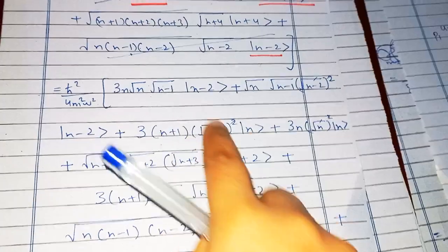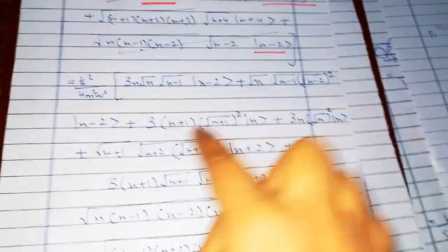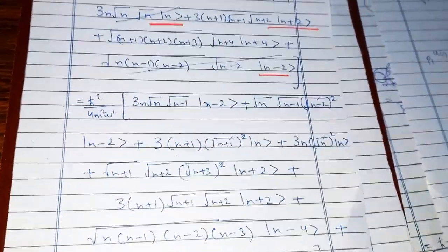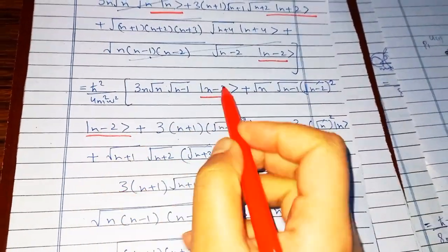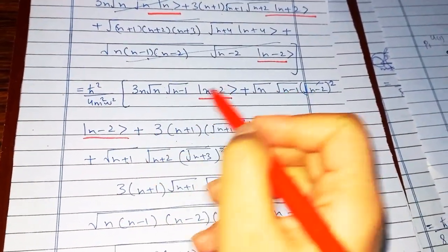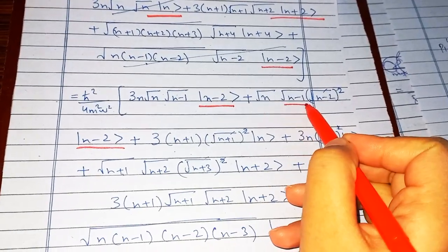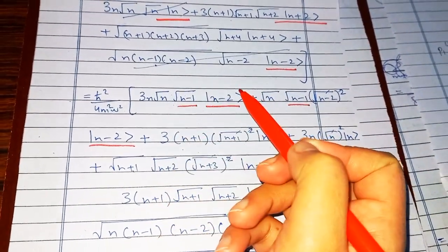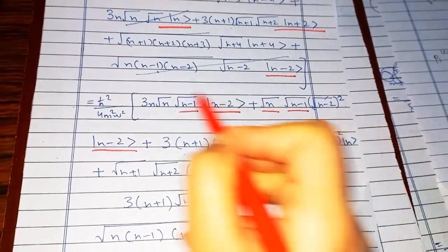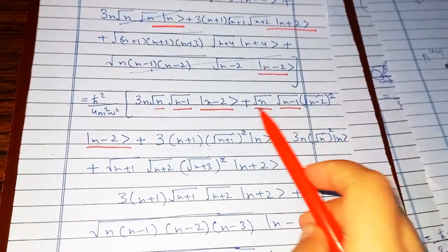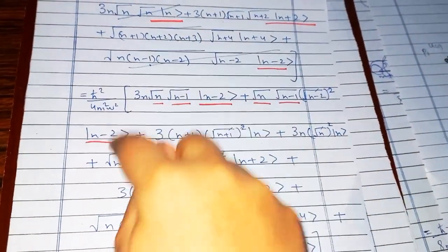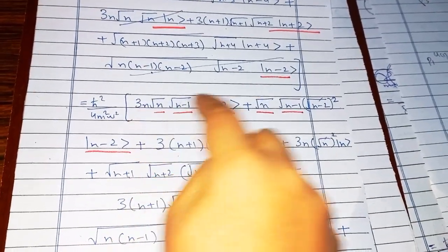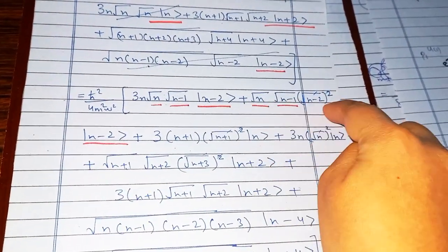you can see here we'll take something common, and since both of them have similar kets, I'll take the ket common because we have the same ket in both these quantities. Other than that, we have under root n minus 1 here, under root n minus 1 here as well, under root n and under root n here as well. So we'll take these three quantities common out of both these quantities. So we are left with 3n plus 1 because there is nothing else.